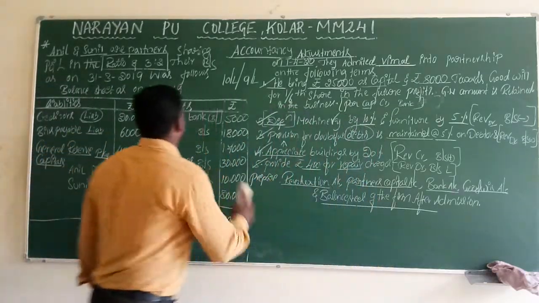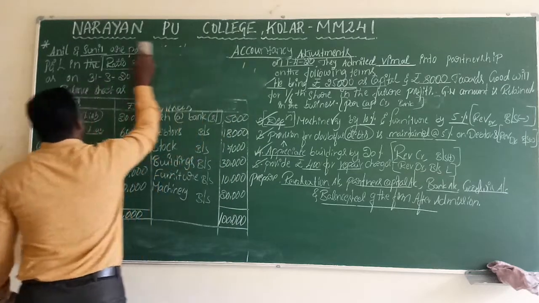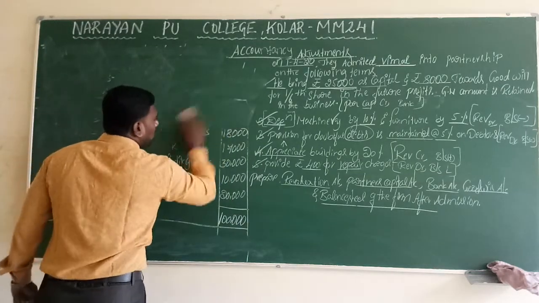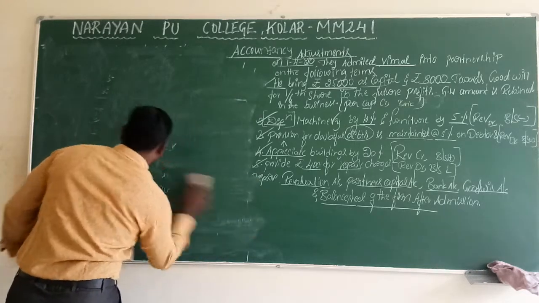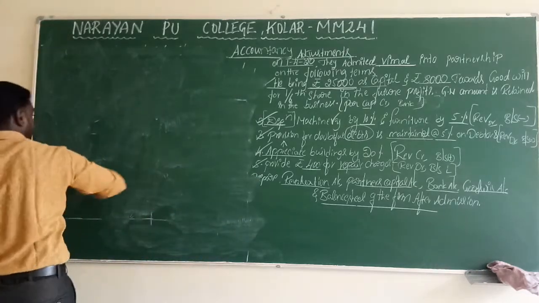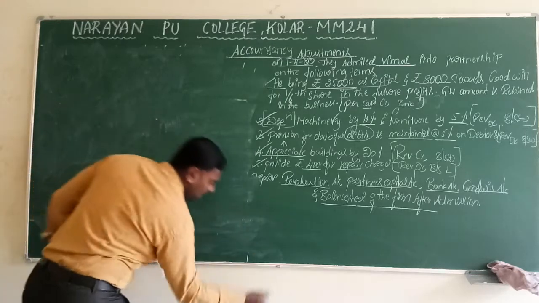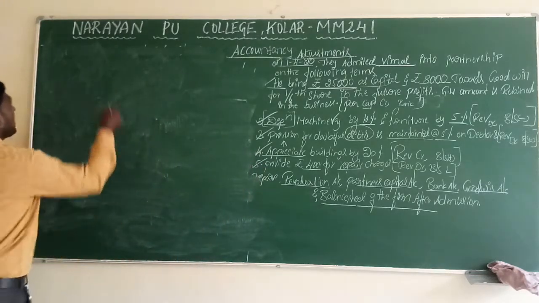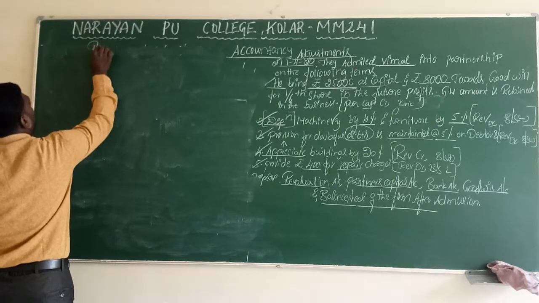So the first account is the revaluation account. First we have to draw the columns for the revaluation account. Based on the adjustments, we prepare the revaluation account.